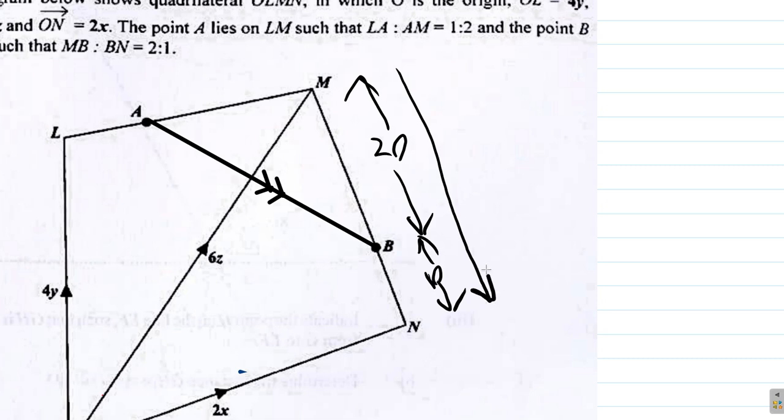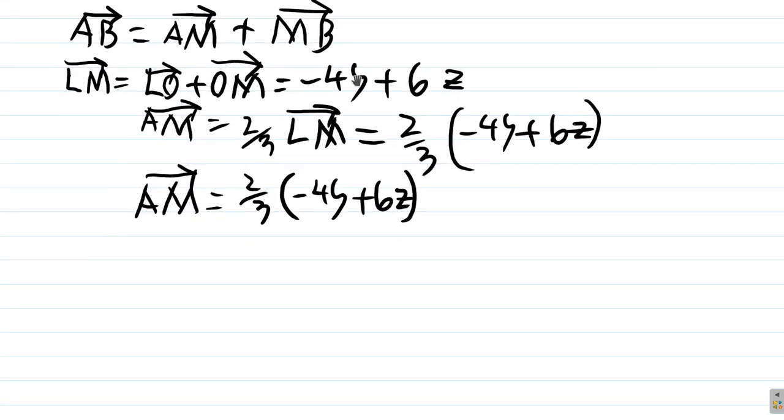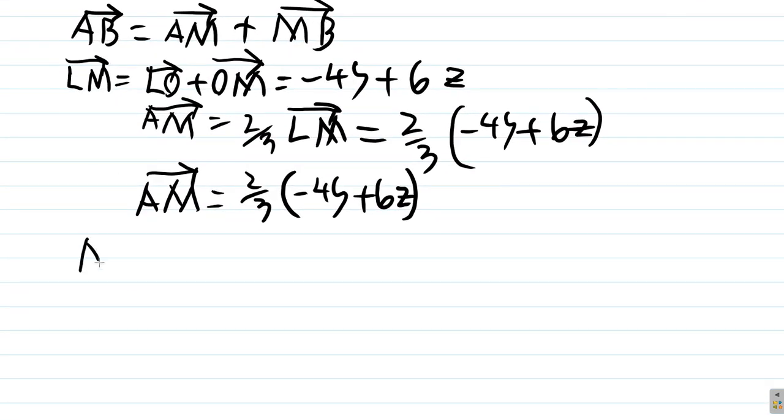So everything would be 30, right? 20 out of 30 is 2/3. See that? So MB is 2/3 MN.